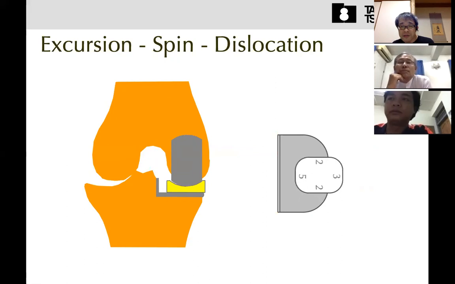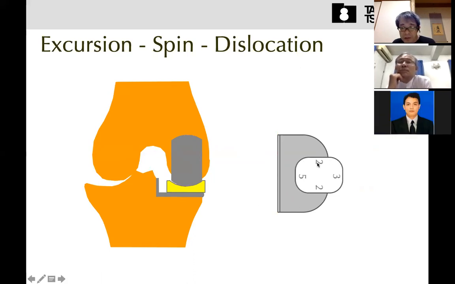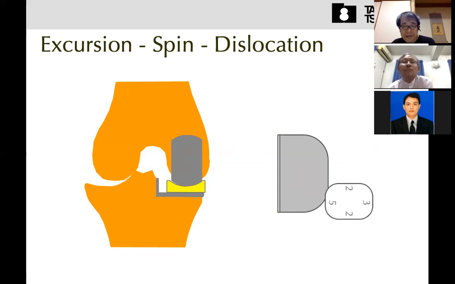In this situation, the jumping height, that means the height difference between the thinnest and highest, is only 1.5 millimeter. This is a wrong number. 1.5 is correct. So in this situation, it is quite easy to dislocate, just like a very shallow THA, like this.